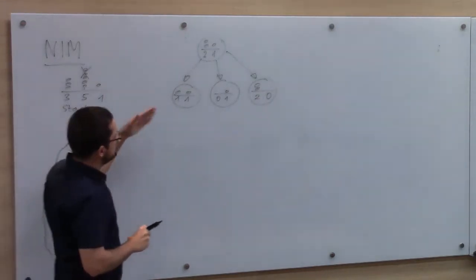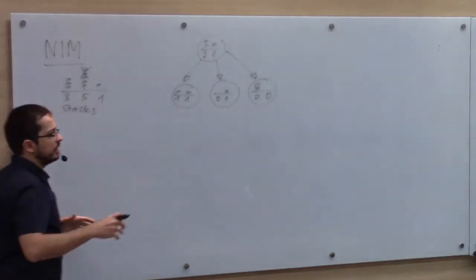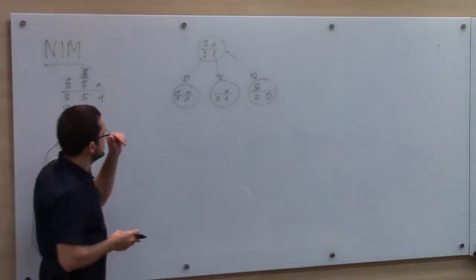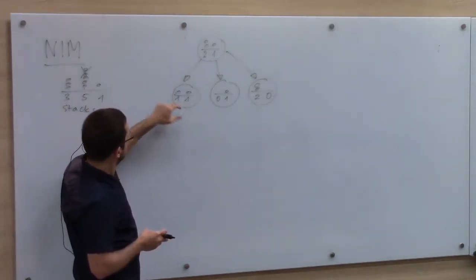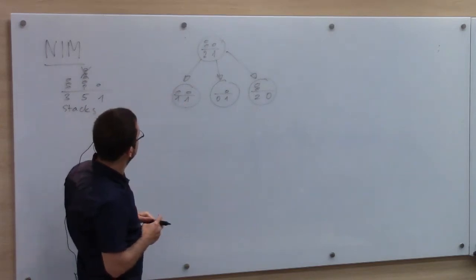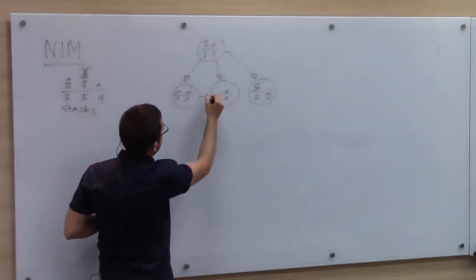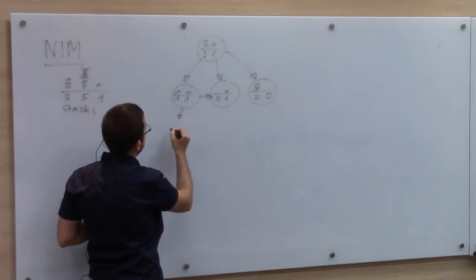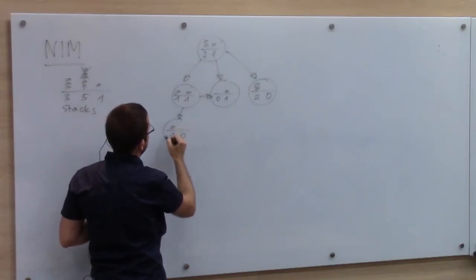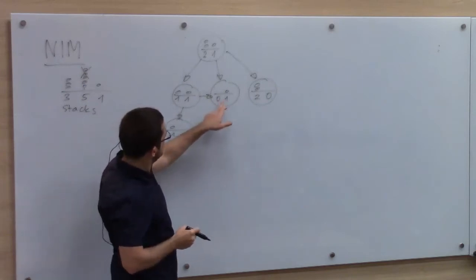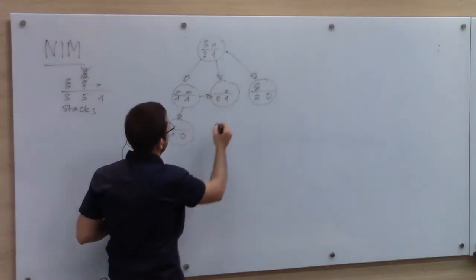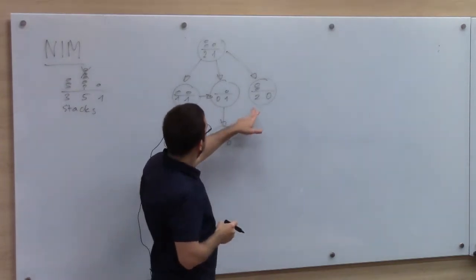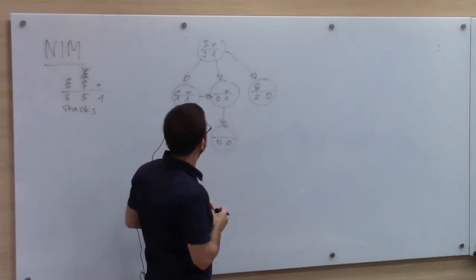Okay, and from these states we will also calculate all possible moves. So for instance, for this state, we know that we can remove the first element, so we end up in this state, or we can remove the second one, so we end up with the new state 1, 0. For this one, we have only one possible move, which is 0, 0. For this one, we have two possible moves.